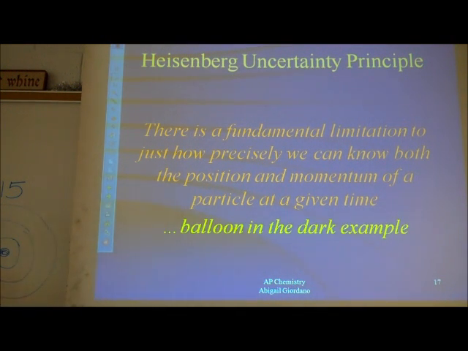The take-home message for the Heisenberg Uncertainty Principle is that we really don't know how electrons behave. We can make theories, we can make predictions, but we really don't know for sure.